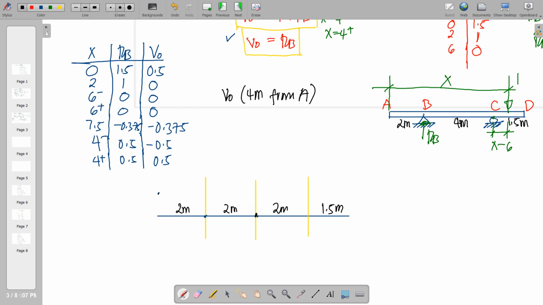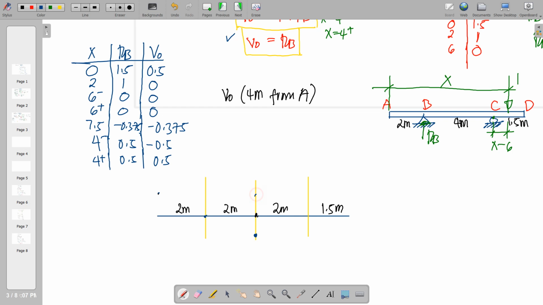At 4 minus, just left of point O, your shear is negative 0.5. So the point here is negative 0.5. Just right of 4, or 4 plus, we have a positive value, that is 0.5.